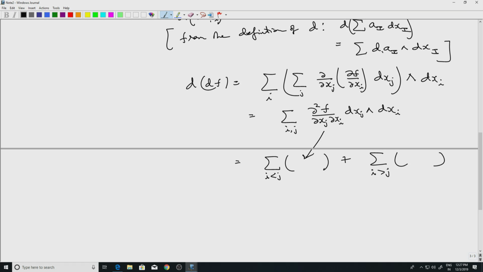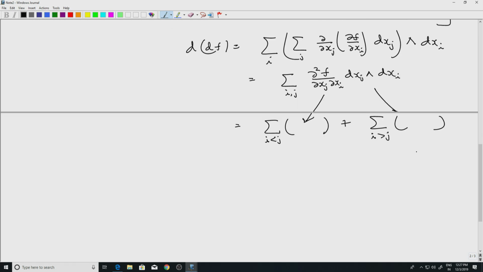It's the same thing here in both brackets. Now let's just keep the first one as it is: sum over i less than j of del squared f by del xj del xi, dxj wedge dxi.